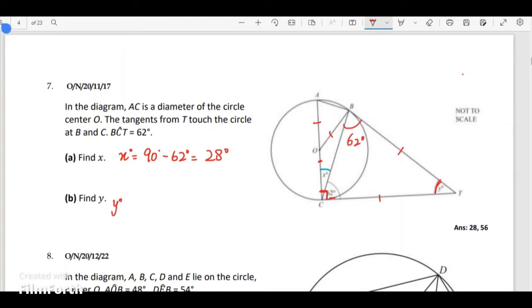So y degrees would be equal to 180 degrees minus 62 minus 62 degrees, because it's the angle sum of a triangle. 180 minus 62 minus 62, the answer is 56 degrees. Final answer.